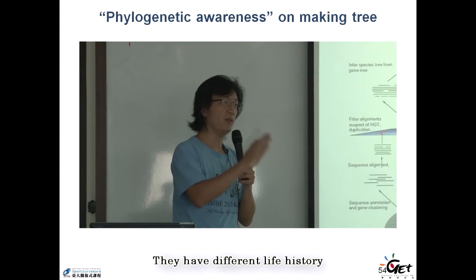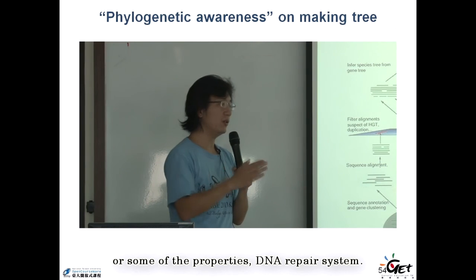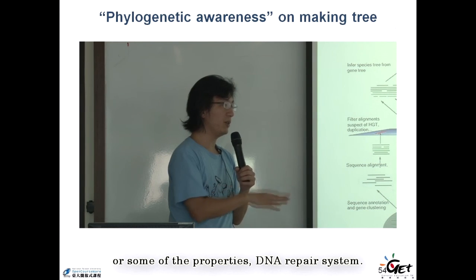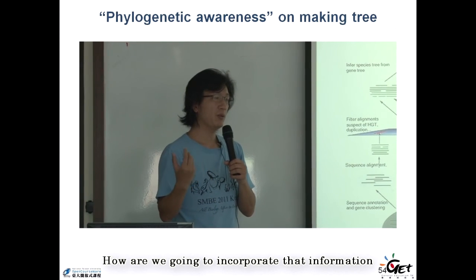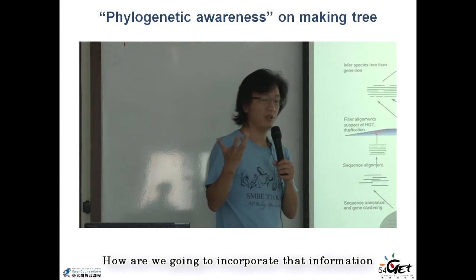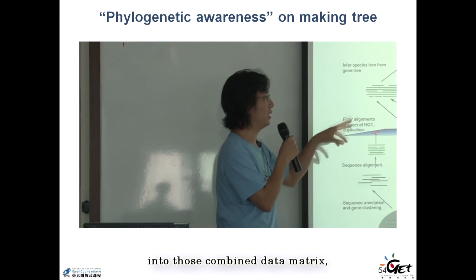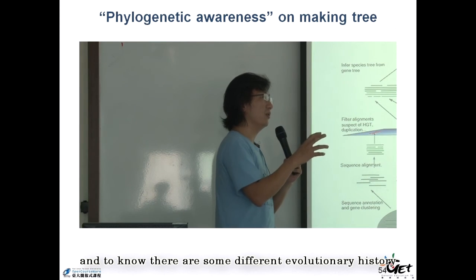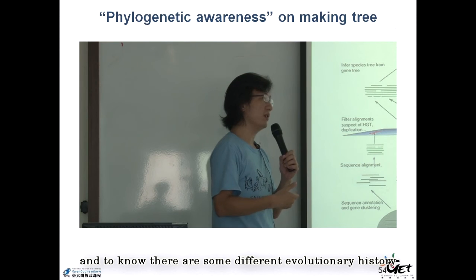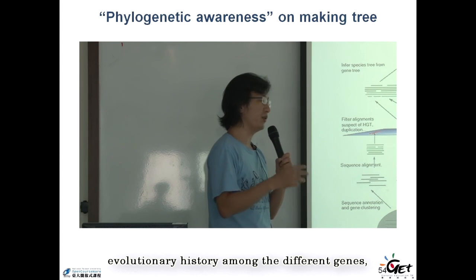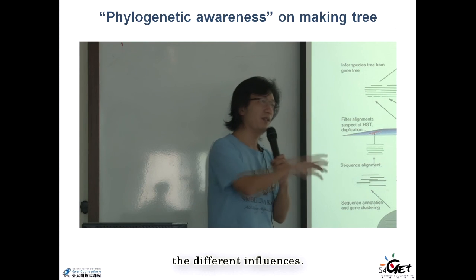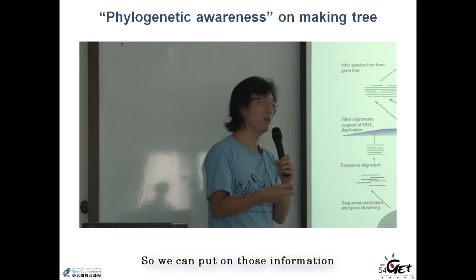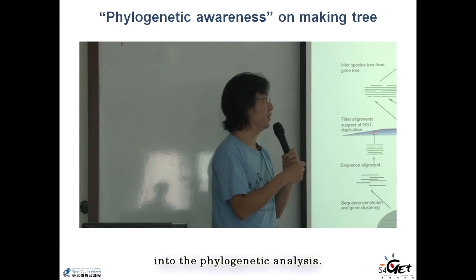If they have different life histories, or some different properties in the DNA repair system, how are we going to incorporate that information into this combined data matrix, and know there is some different evolutionary history among the different genes, the different inferences, so we can put that information into the phylogenetic analysis.